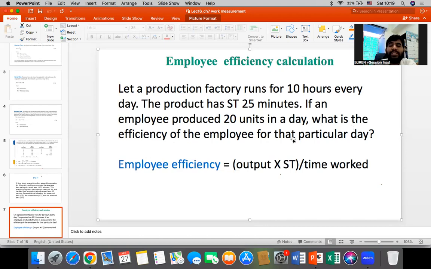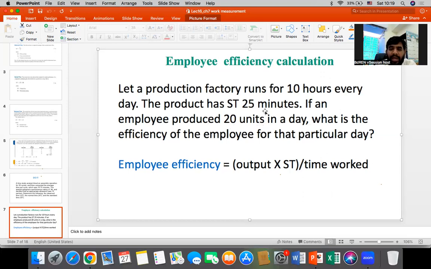what is the efficiency of the employee for that particular day? How can you calculate it? Efficiency is actual output divided by standard output. His actual output is 20 units.